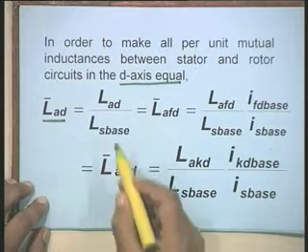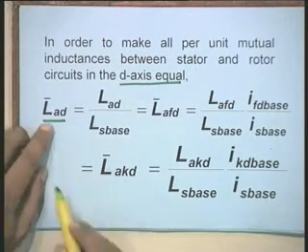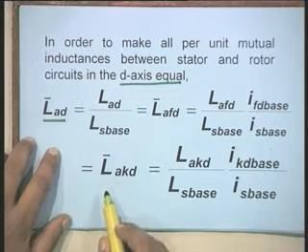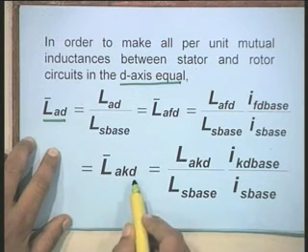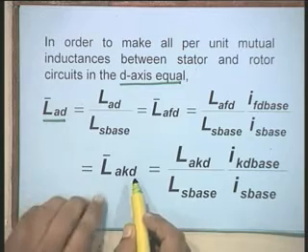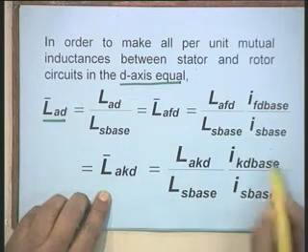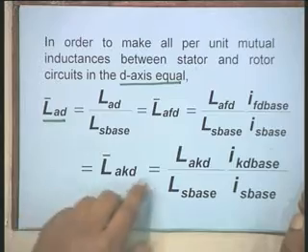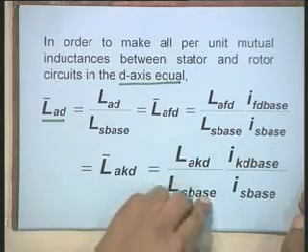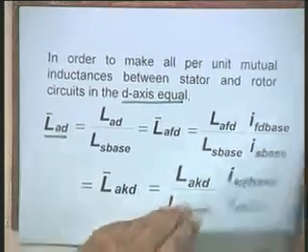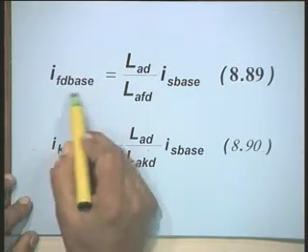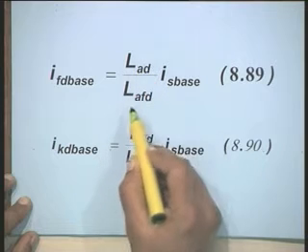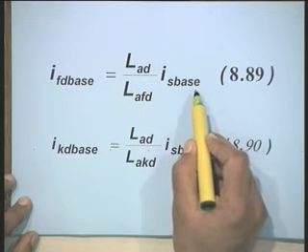Similarly, now we want to make LAD equal to the per unit LAKD, while LAKD was defined by this expression. What we mean is that we equate these two as we did in the previous case, and when we equate these two, we come to one very important relationship: the IFD base should be equal to LAD upon LAFD times IS base.